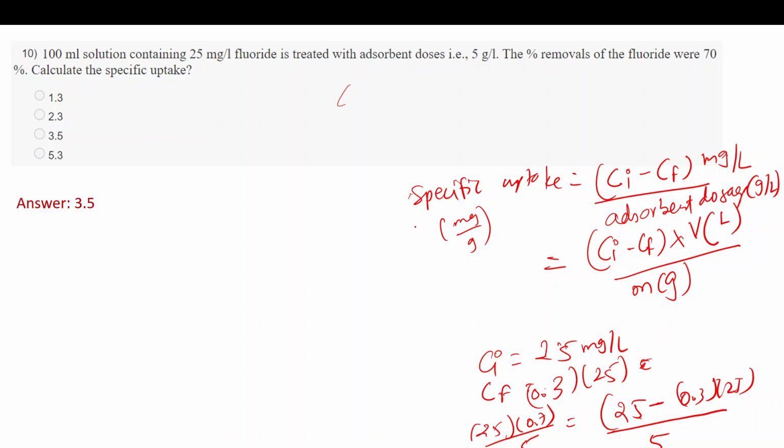Since the concentration is in milligrams per liter and the adsorbent dosage is in gram per liter, liter cancels out, giving milligrams per gram. That is how you calculate the specific uptake.